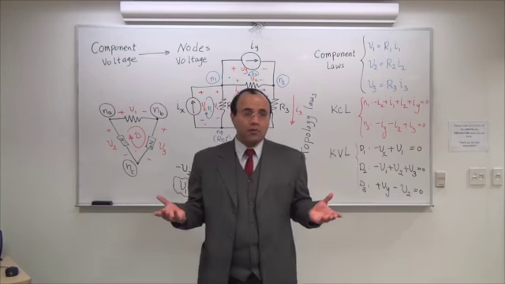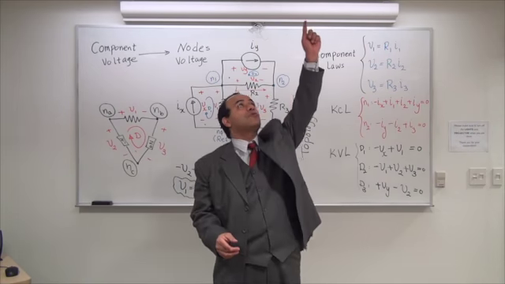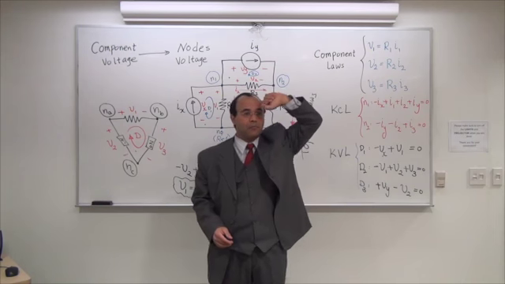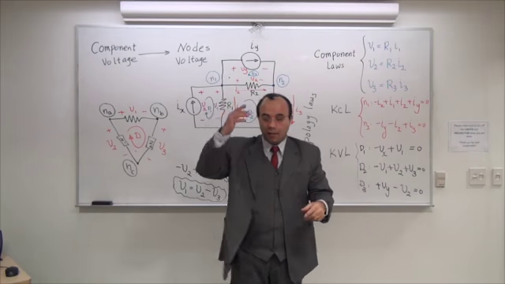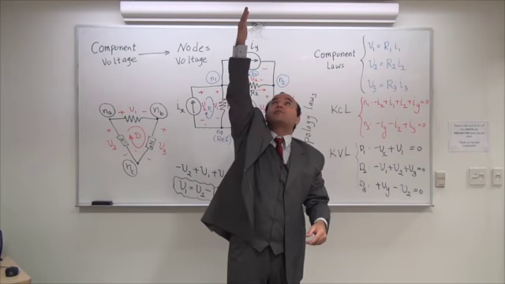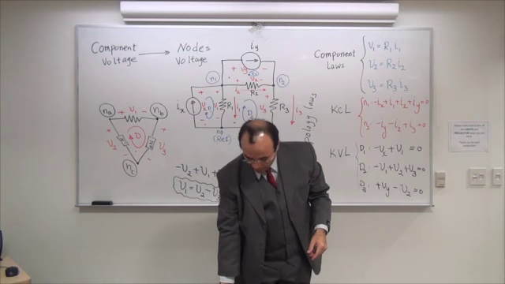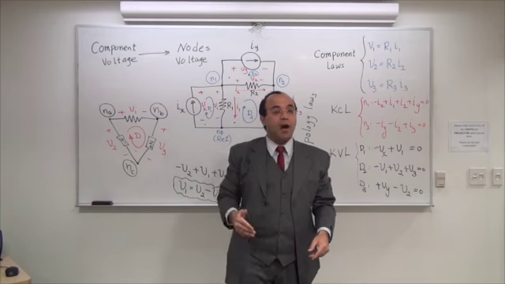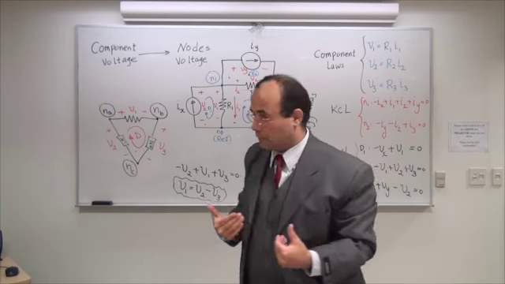You might choose a different reference node. For example, if you choose the ceiling of this room as the reference node, again, you can say this voltage with respect to the ceiling and this voltage with respect to the ceiling. So that's how you can measure my height.